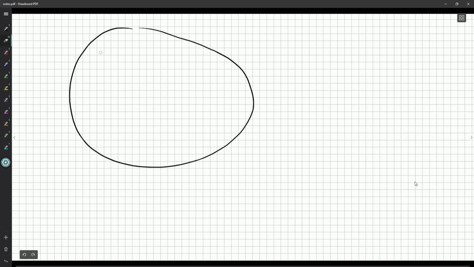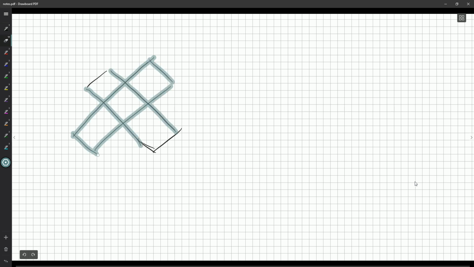Let's focus on the circle. That's a terrible circle. How about I draw the cross first? I don't know. My drawing skills obviously are not good today. I will try the circle again. Nope.